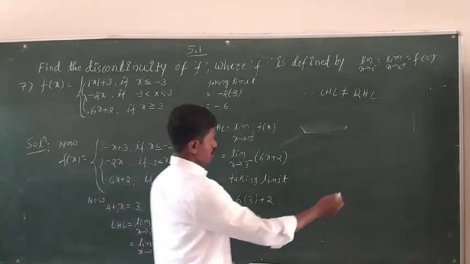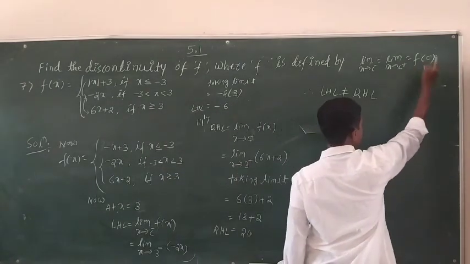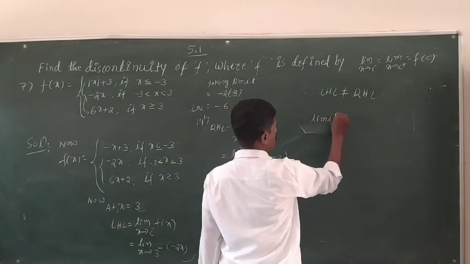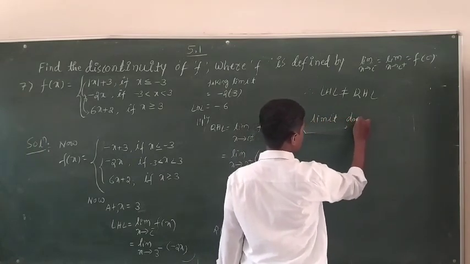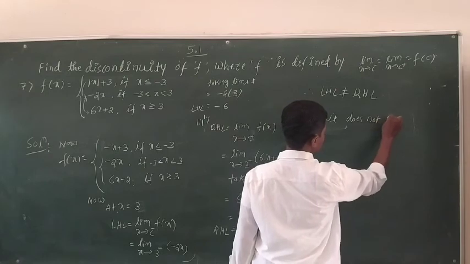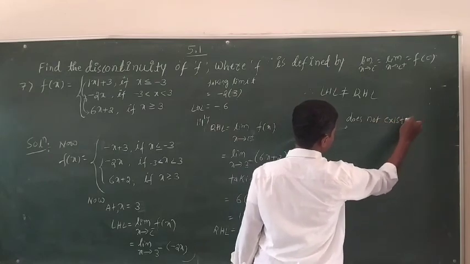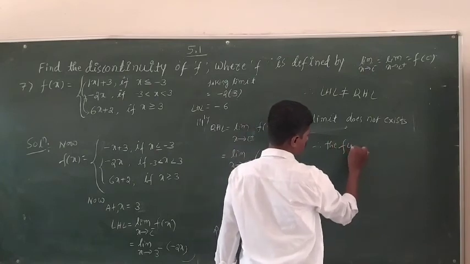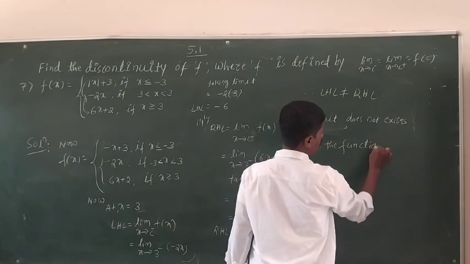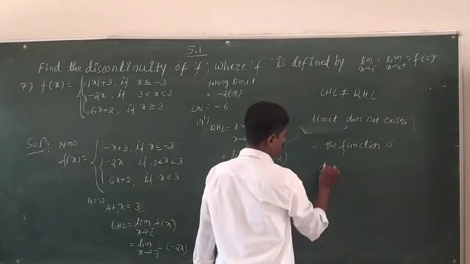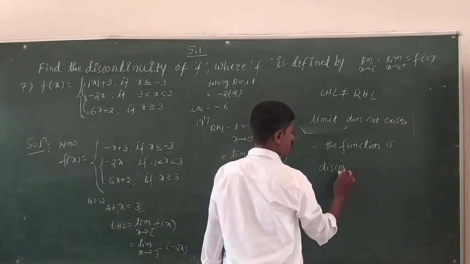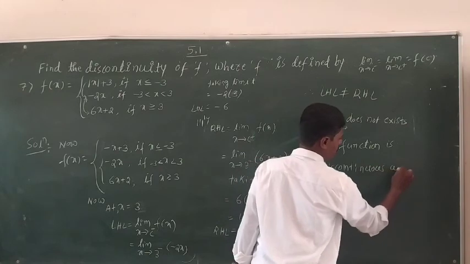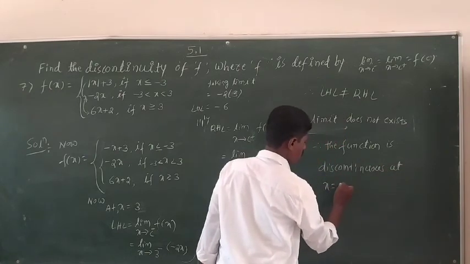Hence, it is not necessary to find f of c. Therefore, the limit does not exist, and therefore the function is discontinuous at x equals 3.